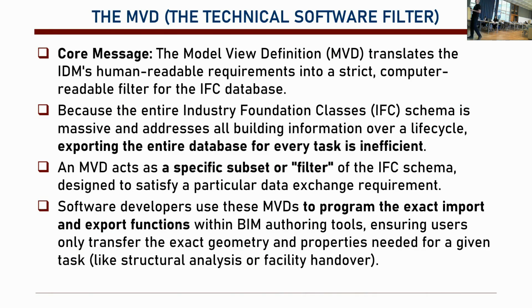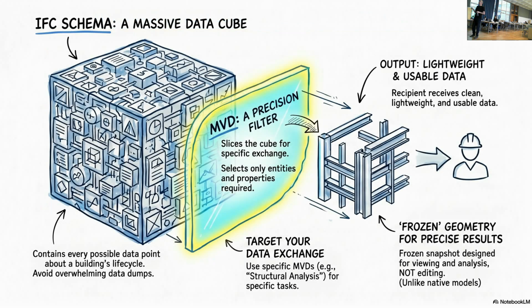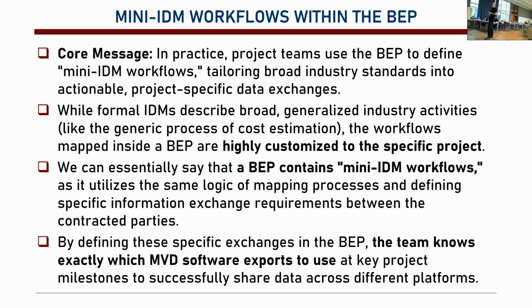Then of course, MVD, the technical software filter. For every task, we want to know what we want to export, how we want to export, and what kind of data granularity we need. So it's a filter, because we have this whole complex model, but all we need is this thing. And we have mini IDM workflows in the BEP.